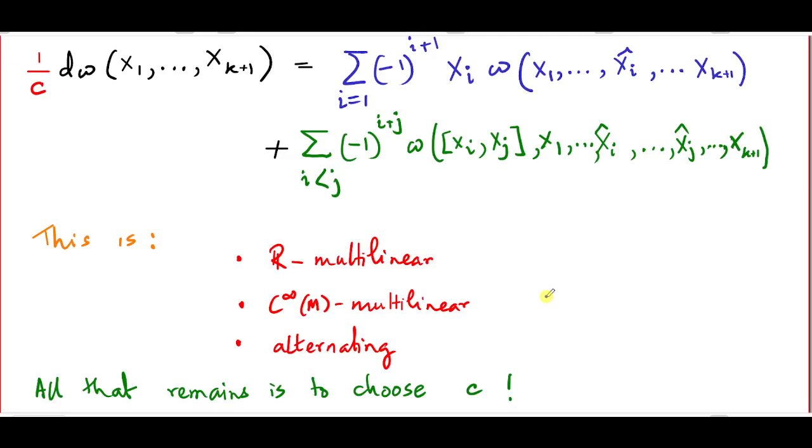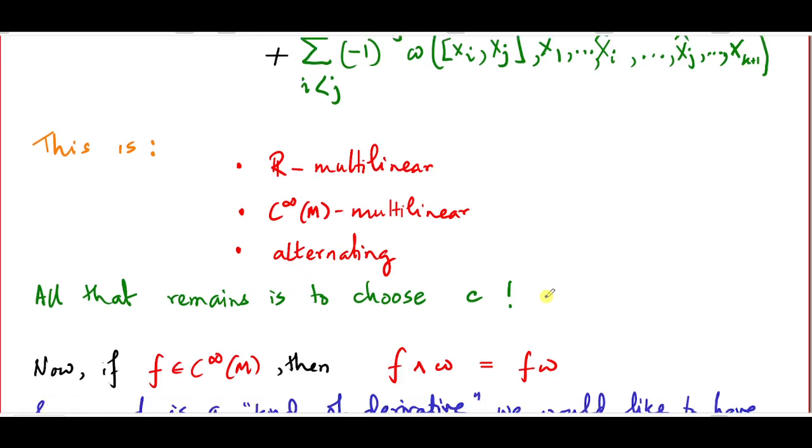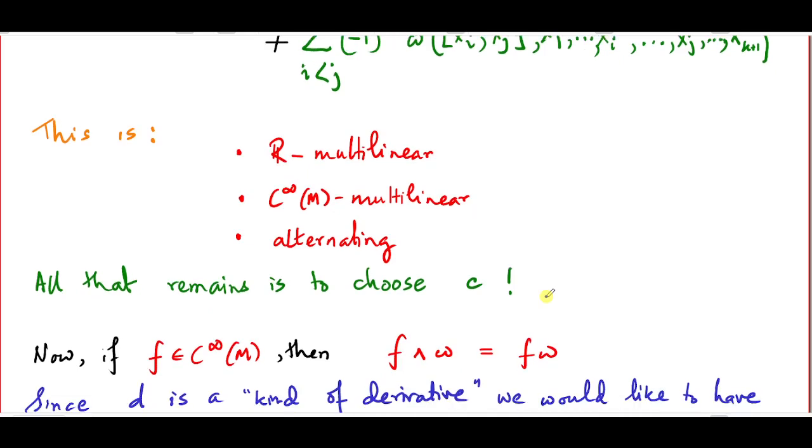In order to pin down the constant C, what we need to do is take a look at the simplest situation, where omega is a product of a function and a k-form. Remember that if f is just a function, then the exterior product of f with omega is nothing but f times omega.